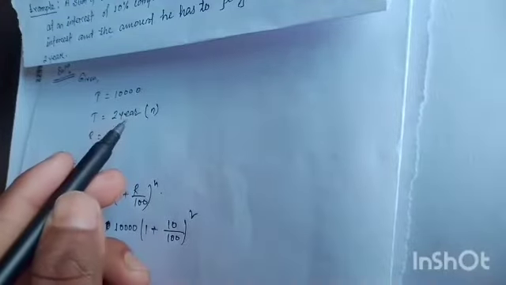So the amount is equal to principal, which is given as 10,000, (1 plus R by 100), that is 10 by 100, to the power n, and n is 2. So 10,000 into this, we take the LCM, which is 100.